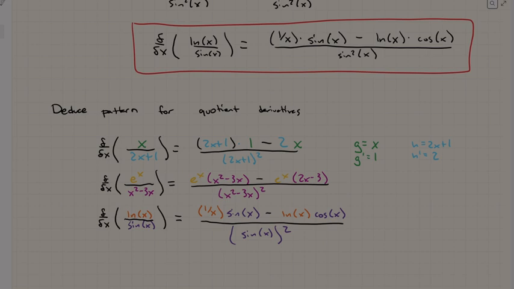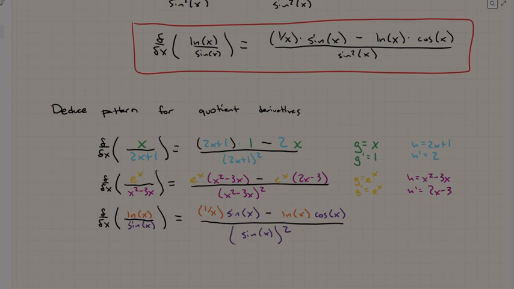Okay, looking at the next example, let's call g equal to e to the x, and so g prime, the derivative of e to the x, is itself e to the x. For the other one, if we're dividing by x squared minus 3x, let's call that h. And then h prime, we can also find using the power rule as 2x minus 3.